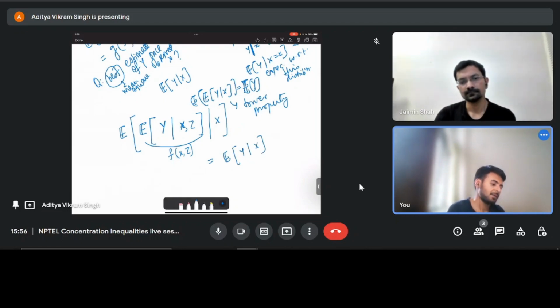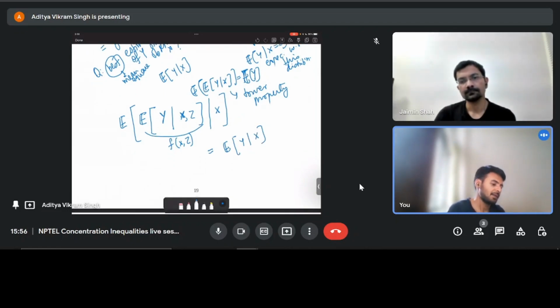Earlier you were given x comma z, and this is your best estimate, and now you're given only x. So you're projecting onto a lower dimensional space. You could have projected y directly on x. This projection terminology is somewhat vague, but instead of directly projecting on x, you first projected on a bigger thing, x comma z, and then went to x.